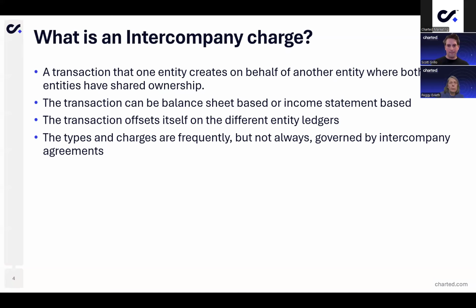Why is this important? It's important at the time of consolidation because at the end of the day, when it's companies that are owned by the same parent, you don't want to gross up an income statement or a balance sheet because company A has revenue that is derived from company B. For external analysis, you don't want to allow companies to make it look like they've got a huge revenue amount because they're just creating basically ghost revenue and offsetting it with ghost expense.